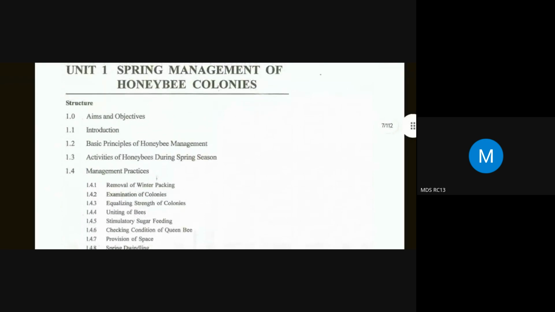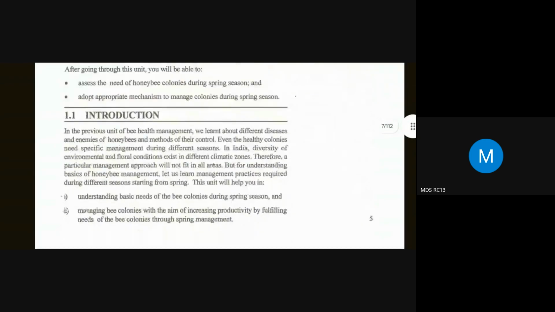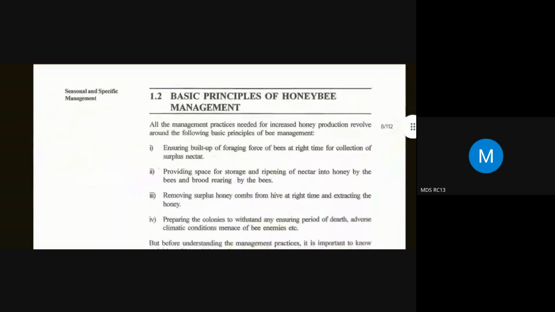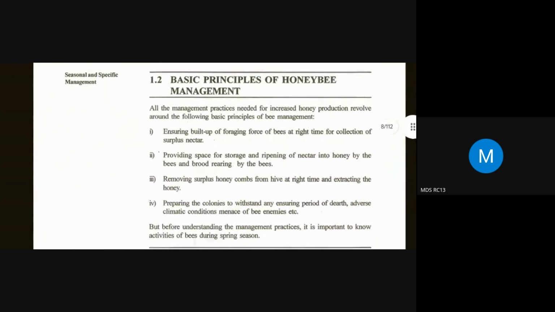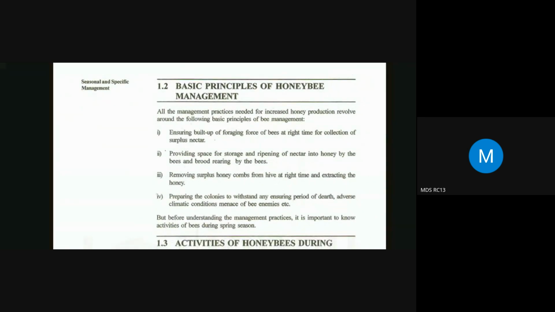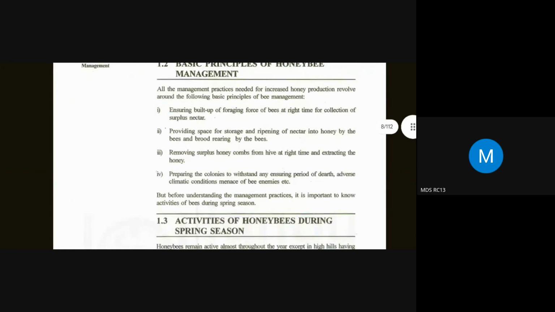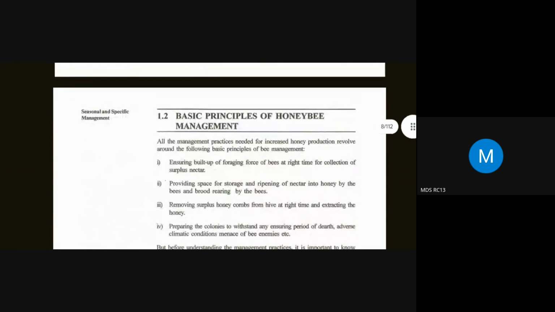Under different headings, they have explained the things. In the spring season, the basic principle of management: if you know the principle of management, you will know very easily which management practices we have to follow.